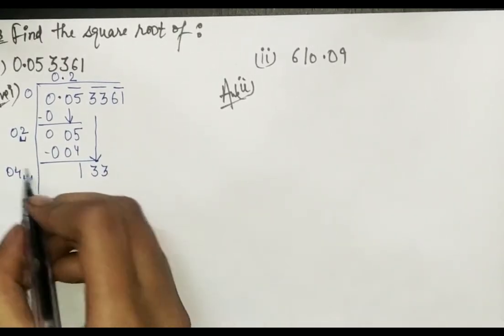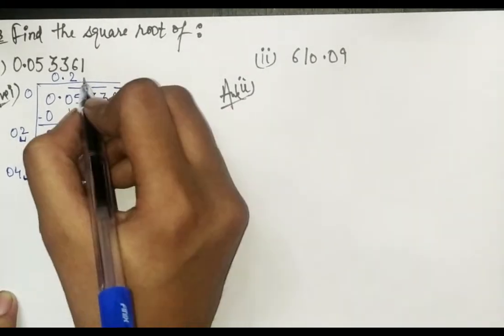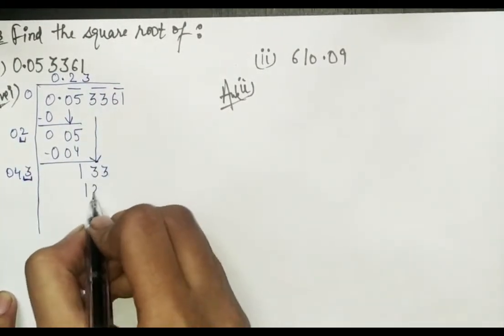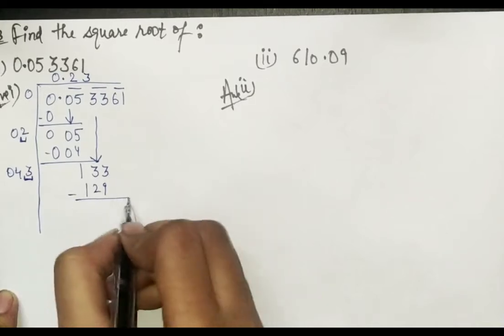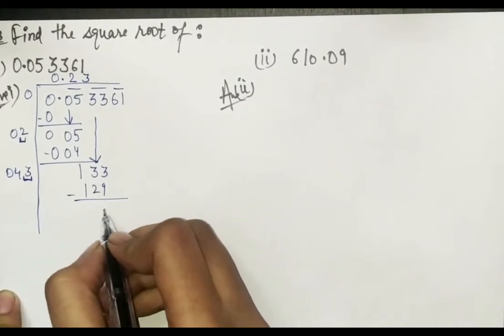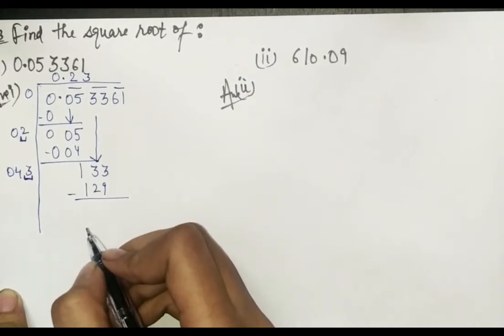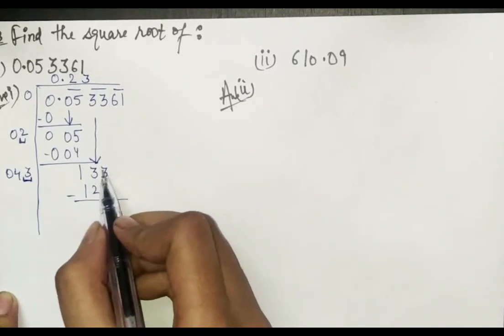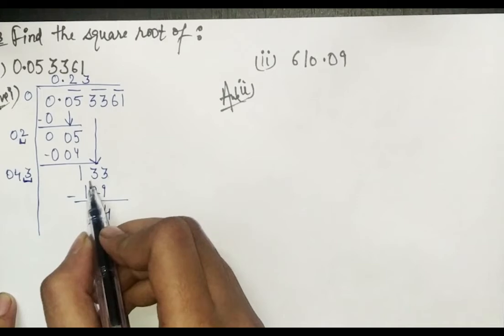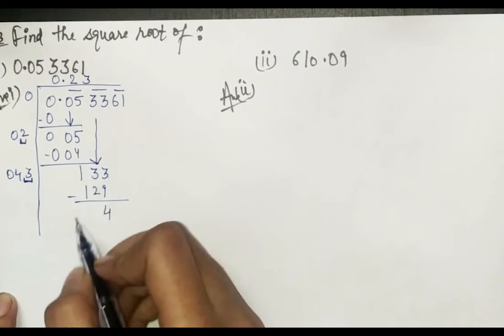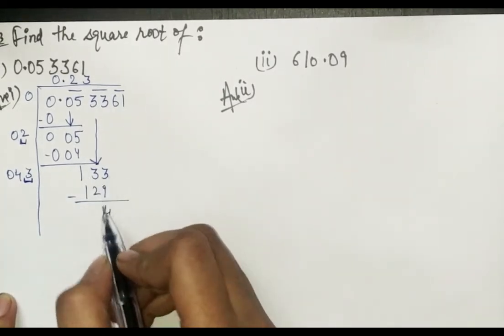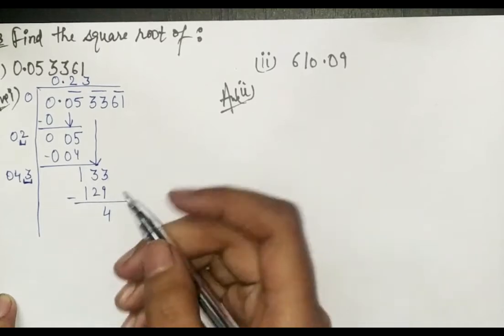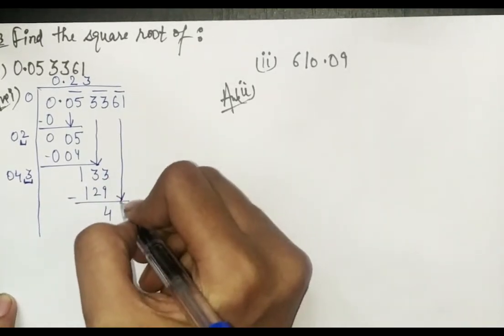So 43 and 3, the answer will be 129, and by subtracting this we get 4, means 3 will be cancelled, and here 2 will be remaining, and 13 minus 9 is 4 only. So 4, and then we will be putting 61 here.